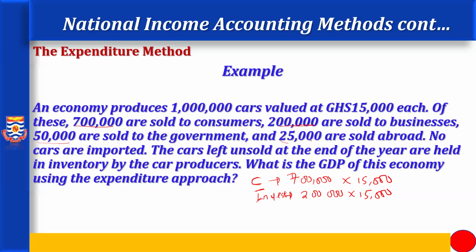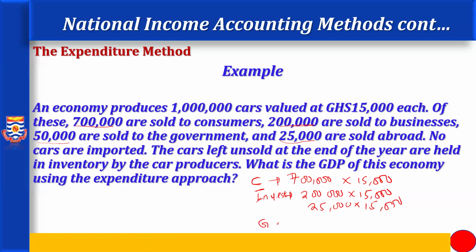Plus 25,000, that's 975,000. So we sold 975,000 cars. It means that 25,000 cars are left, which is inventory. And I'm saying that inventory is part of investment expenditure. So the 25,000 cars is also part of investment expenditure, which is inventory.